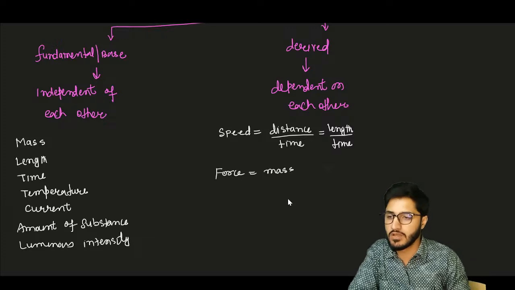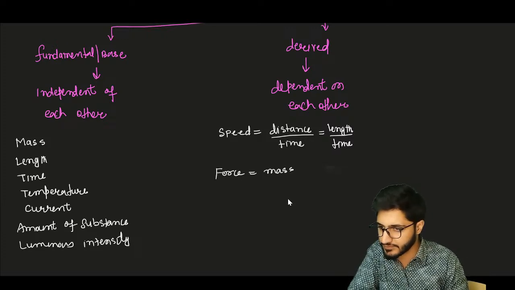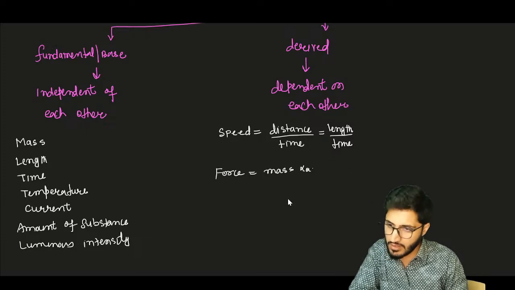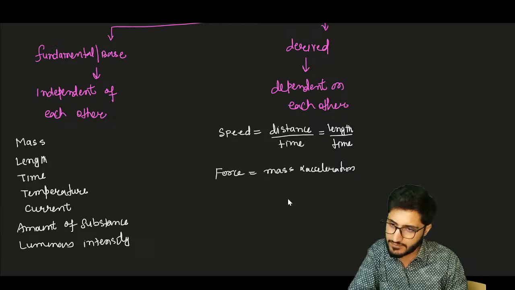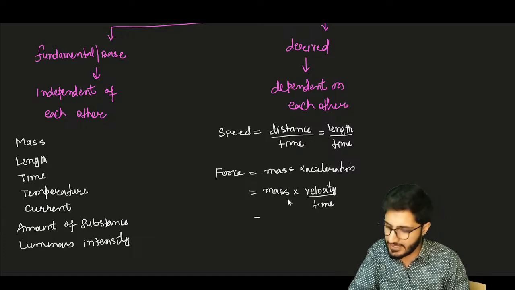Now look, what is force? Force is mass into acceleration. Mass is mass, and acceleration is velocity by time. Or I can write it as mass into velocity by time.